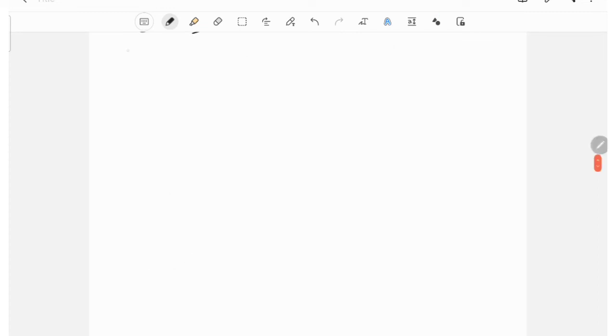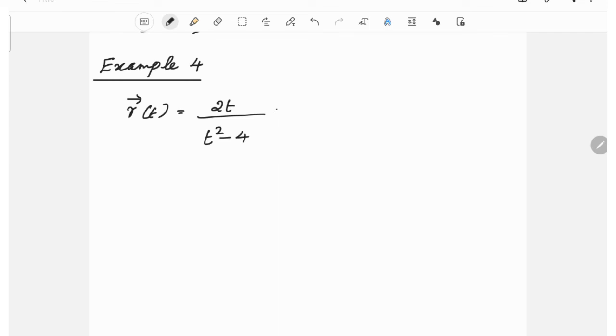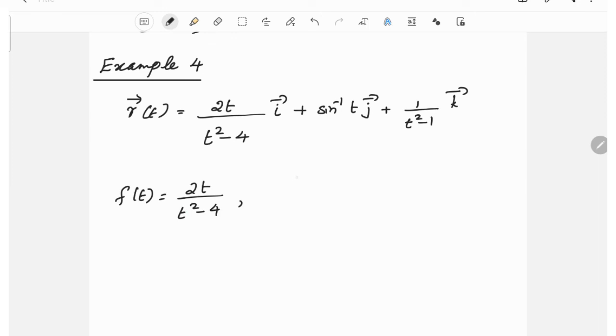Next example, r of t equals 2t divided by t square minus 4 vector i plus sin inverse t vector j plus 1 by t square minus 1 vector k. Here we consider f of t equal to 2t by t square minus 4, and this function is continuous at all the points except t equal to plus or minus 2.